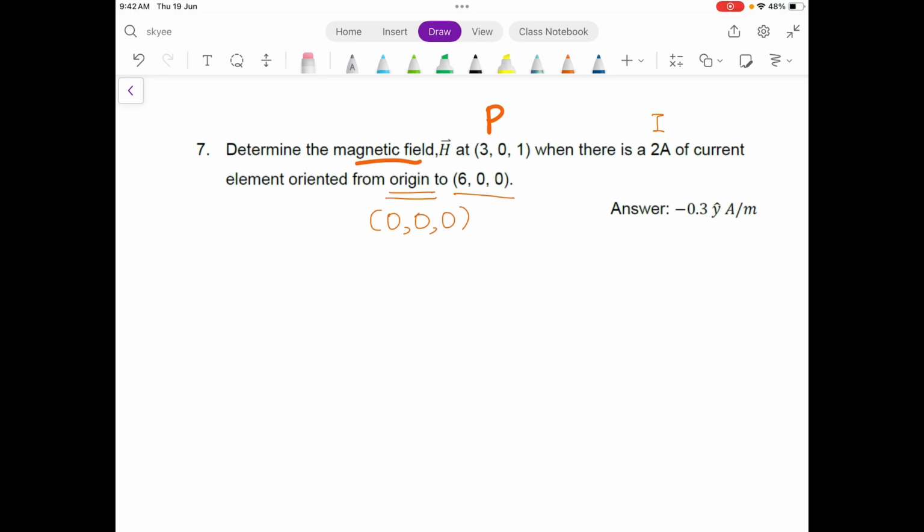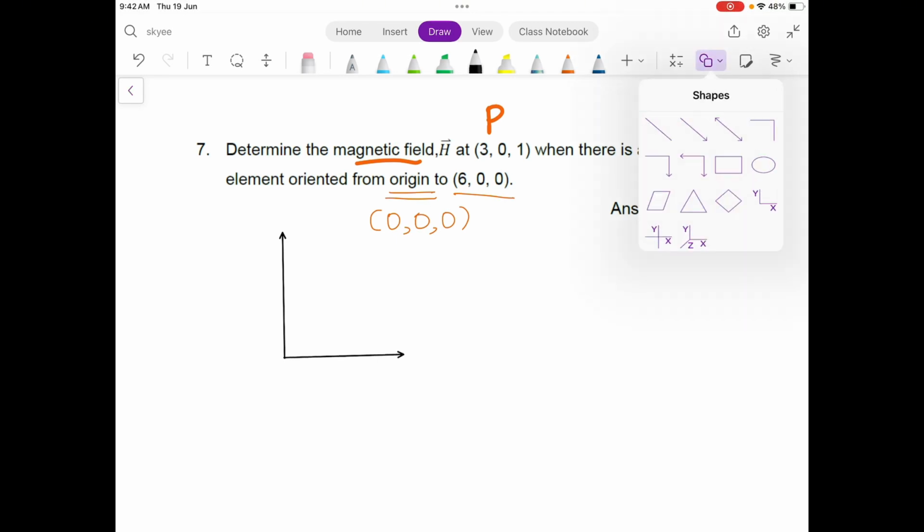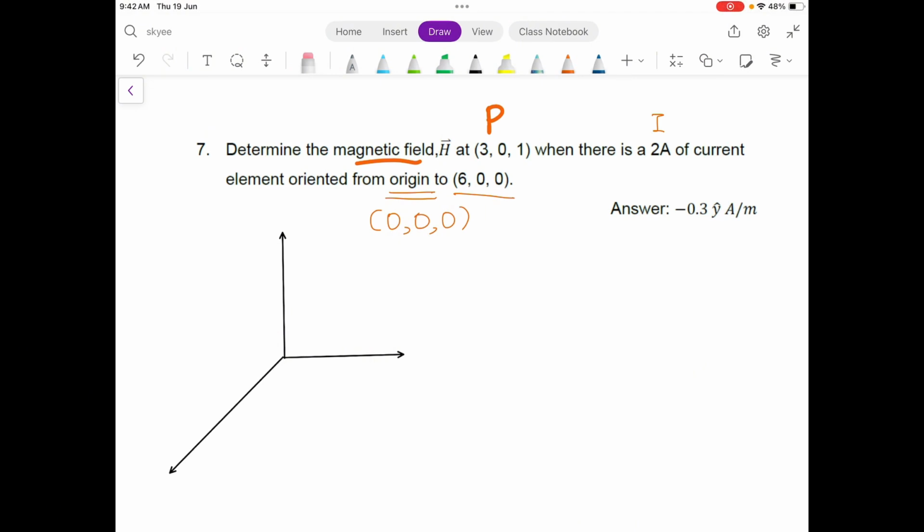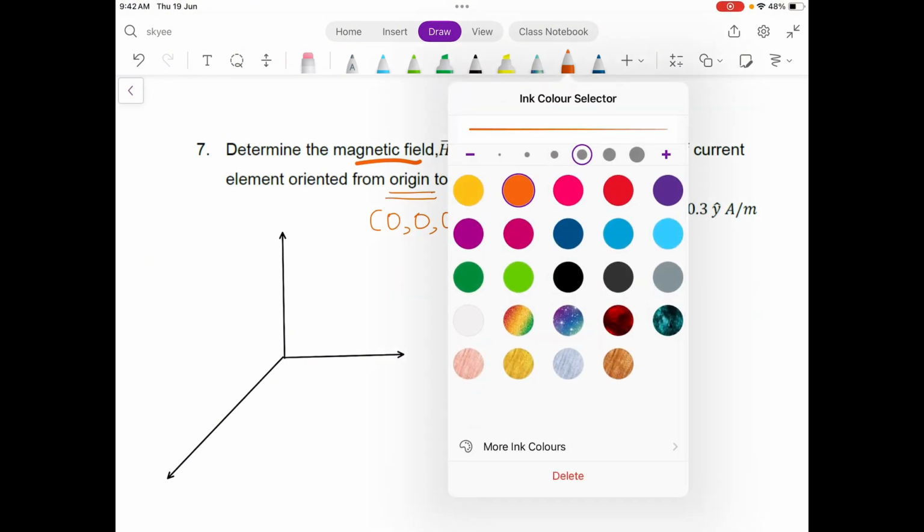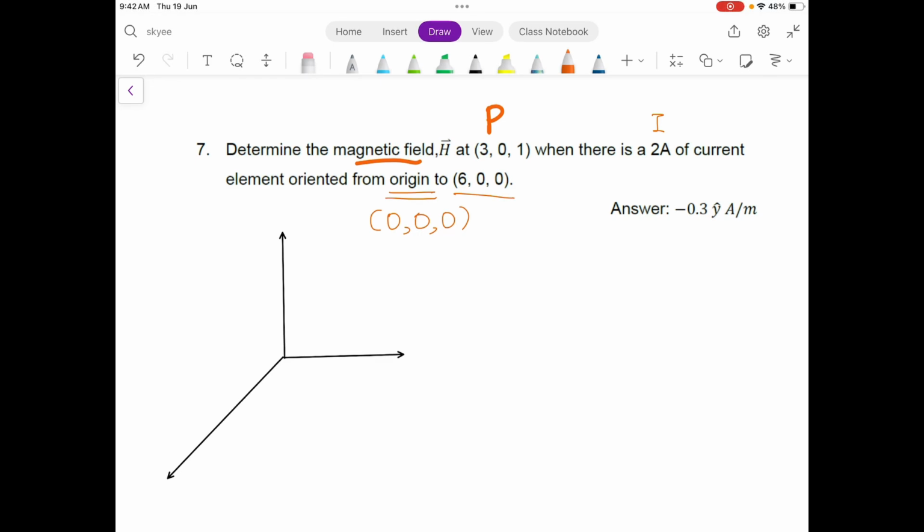If I draw in 3D, it will be something like this. So this is your current elements.